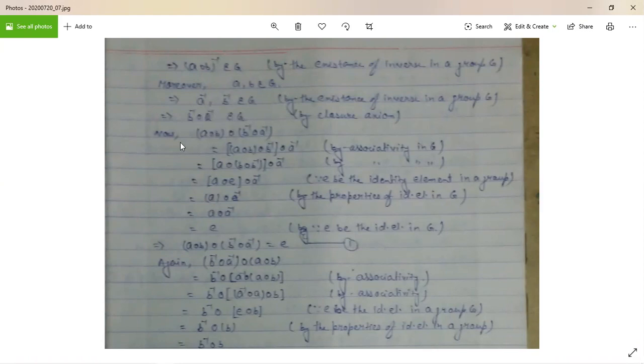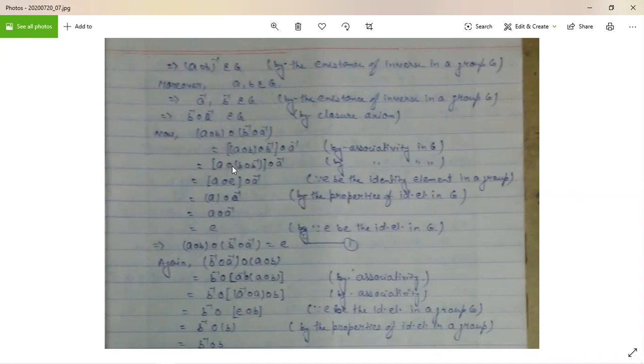Now take (a ∘ b) ∘ (b⁻¹ ∘ a⁻¹), which is equal to a ∘ b ∘ b⁻¹ ∘ a⁻¹ by associativity in G. That means this will operate with this element by taking a ∘ b as a single element.